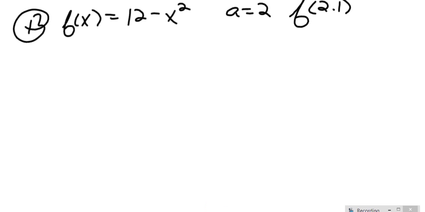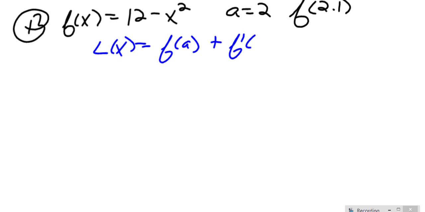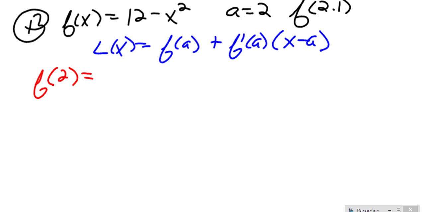So for our function, the first thing I'm going to do is find the linear approximation. Remember our linear approximation formula. In order to plug everything into this equation, I'm going to need f of 2 for my first point.